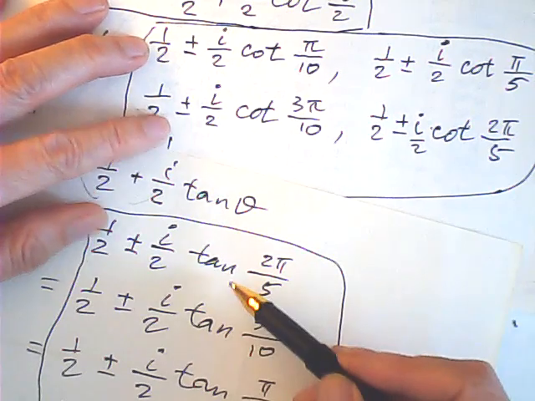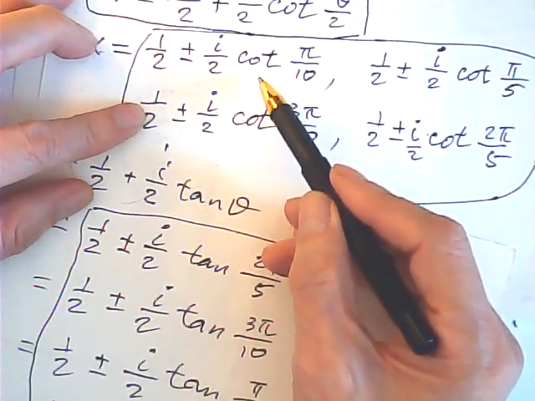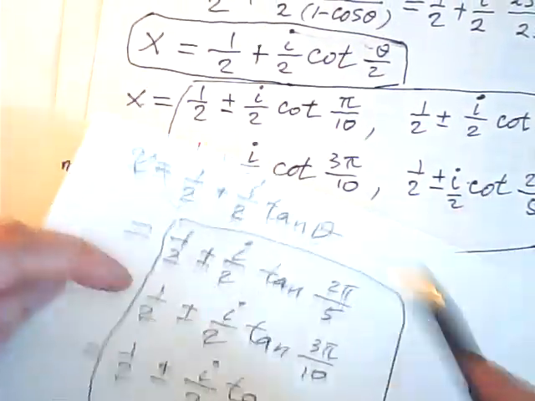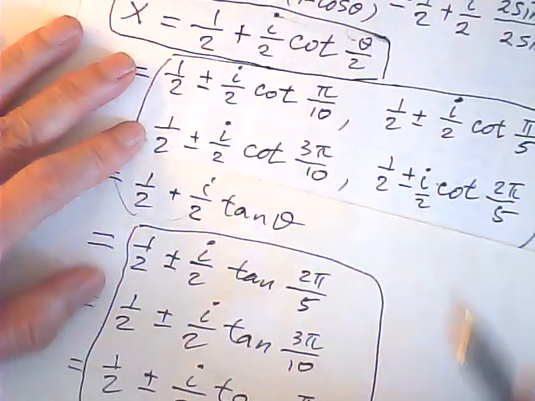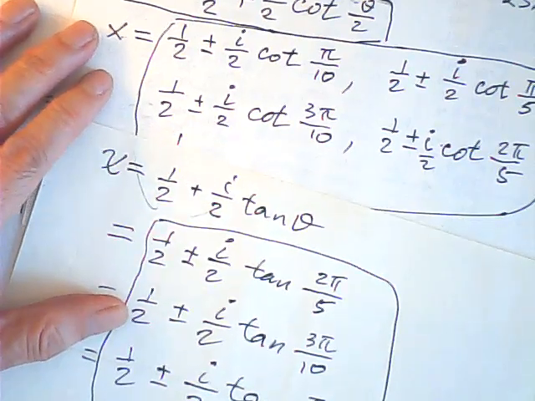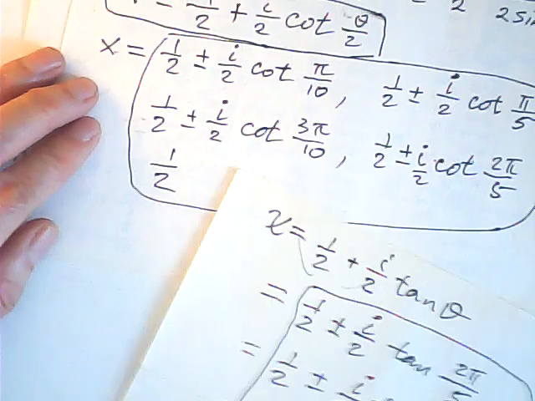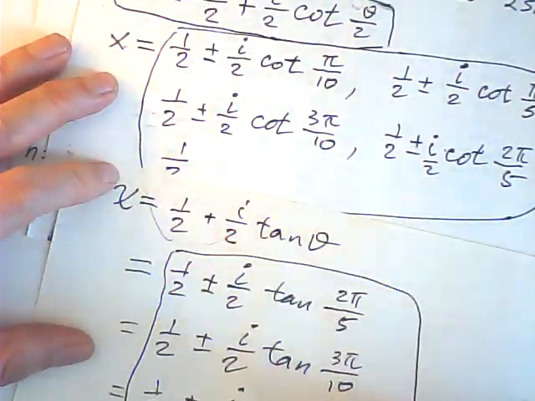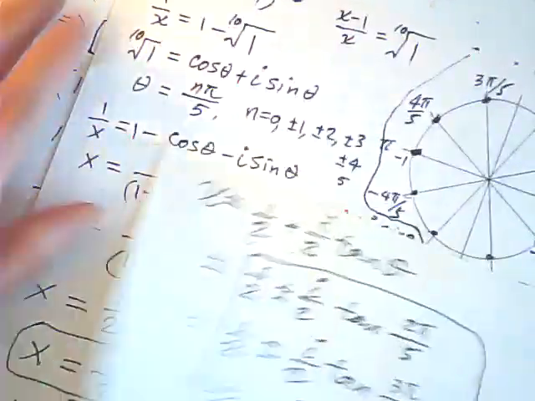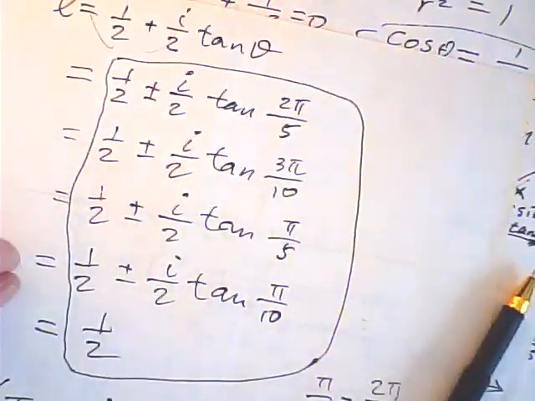This angle's tangent is equal to this cotangent. You can check the other ones. They are equivalent, because they are complementary angles. I don't need to check the others. Anyhow, these sets of solutions are the same, but they use different methods. I found these two methods very, very interesting. Thank you for watching.